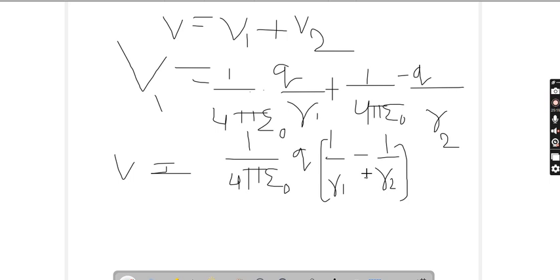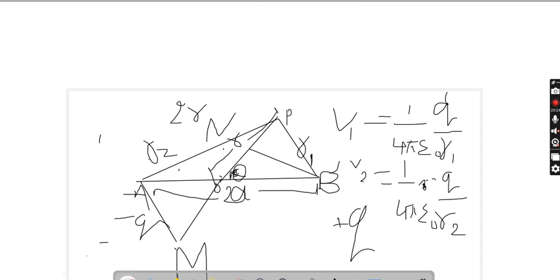Where R2 is BP. Sorry, R1. So in the previous page, R1 is PB. Am I right? And NP. If BP is R1, then MP is also R1, because the total difference between A to P is 2R.